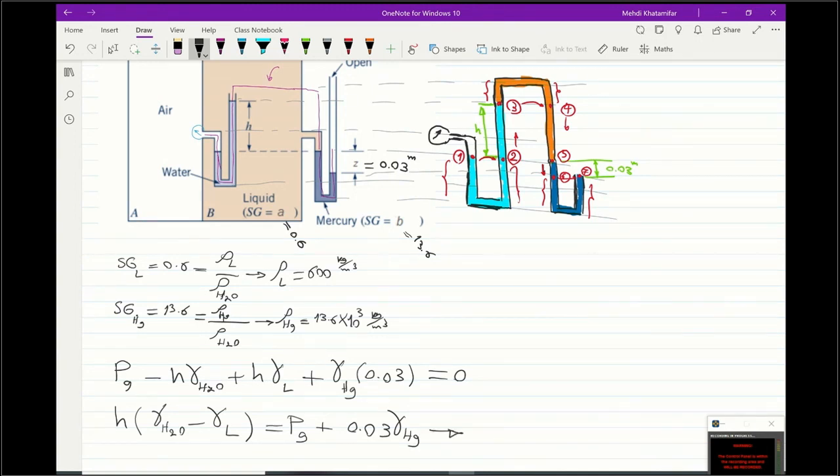Therefore H is going to be Pg plus 0.03 gamma for mercury, divided by gamma for water minus gamma for L. Now just plug in the numbers.